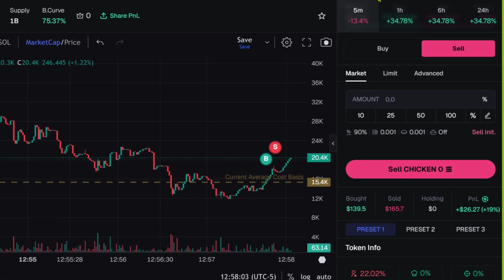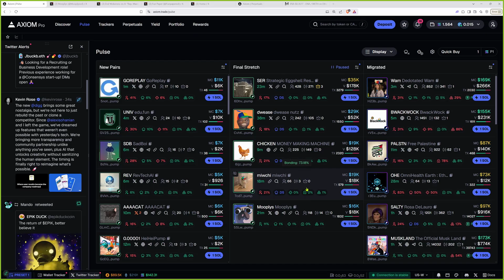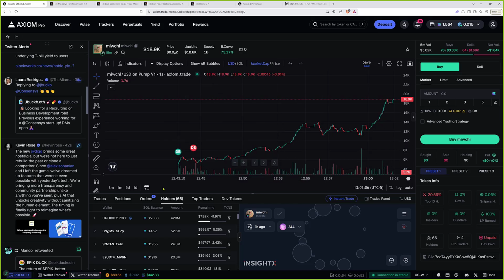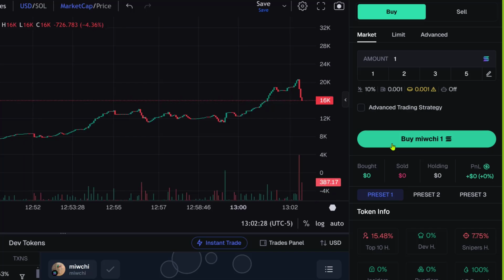Okay? So now we're at 1.564. Right? Interesting one over here. Dev sold 1%, bundles 19. It's actually not bad on how I like it. 6 holders, that's the only thing. Wait. 16. Is it rugging?